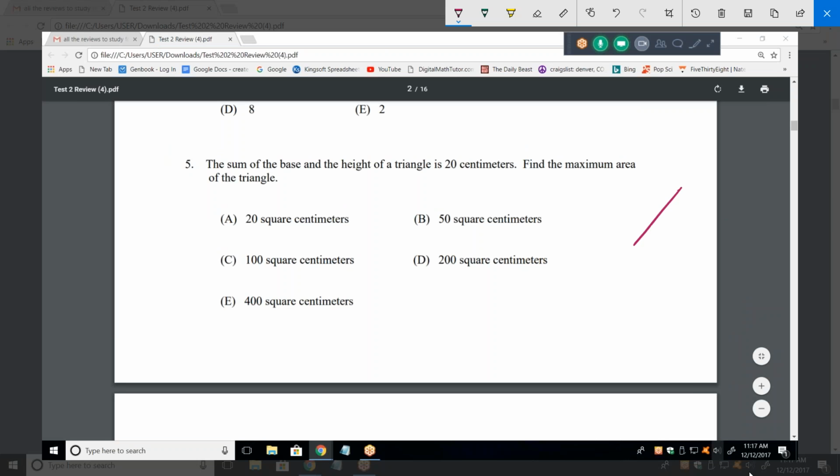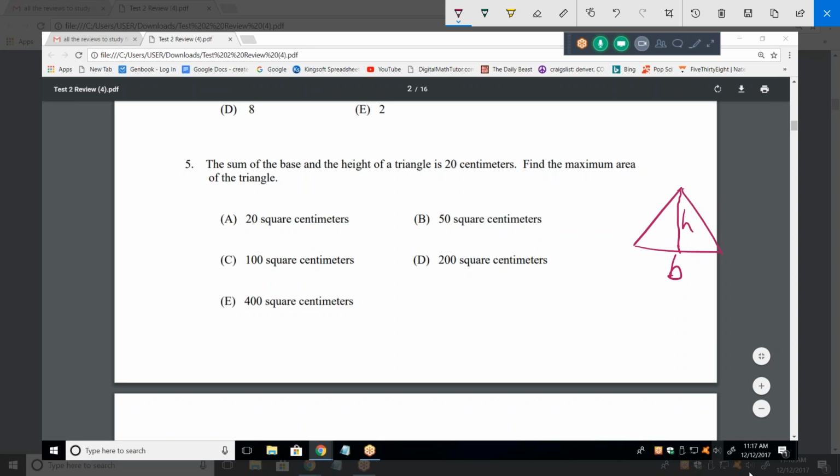You have a triangle. Its base and its height add to 20. What do you think the maximum area would be?